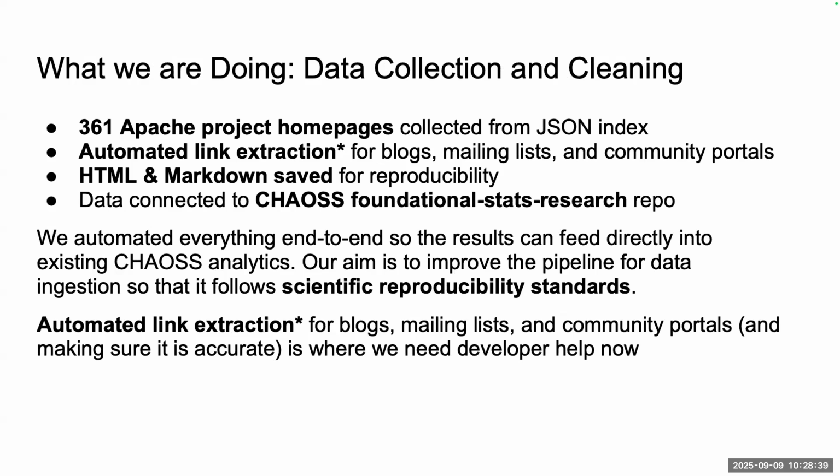So picking up those individual projects, we wrote a crawler that gets the markdown and HTML files exported into a folder on Google Drive, where, like I said earlier, it's kept for reproducibility, and afterwards we extract the important communication metrics that we needed from there. So that is currently at work, but we are trying to make it perform to the level that we want, which is what we would do before we automate it. Next slide.